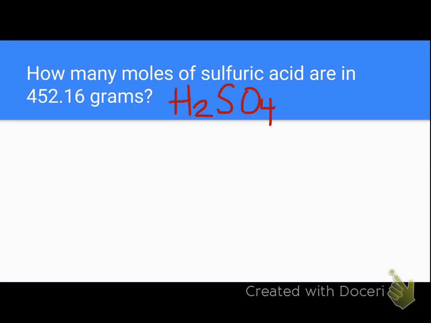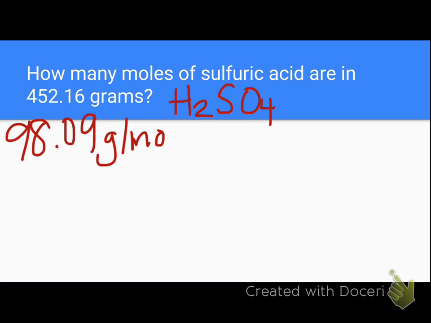Finding your molar mass of that, I'll give you just a second. Pause the video. Find your molar mass. Alright, molar mass, you should get 98.09 grams per mole for your H2SO4.